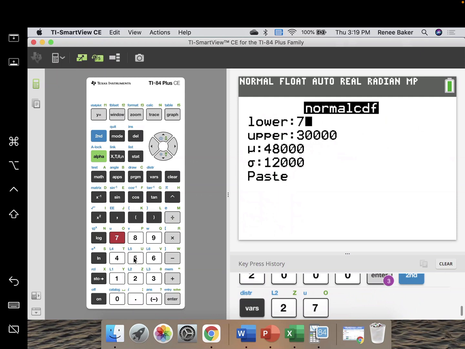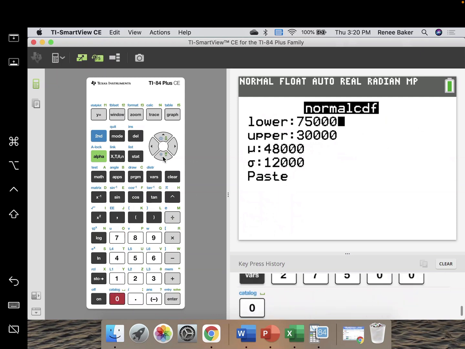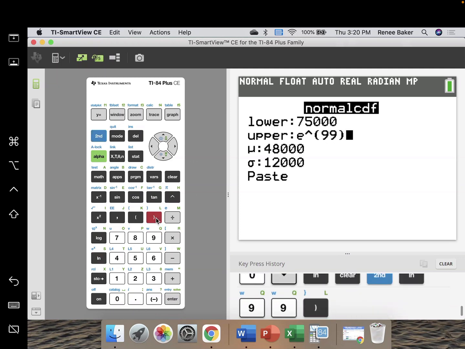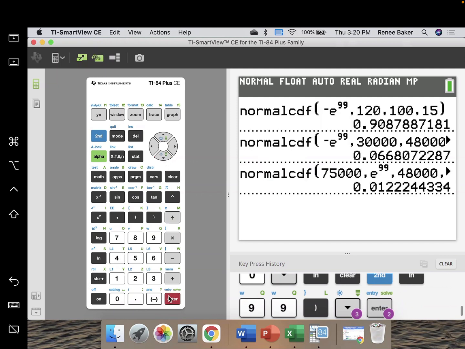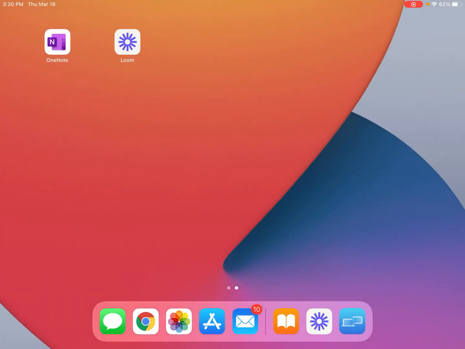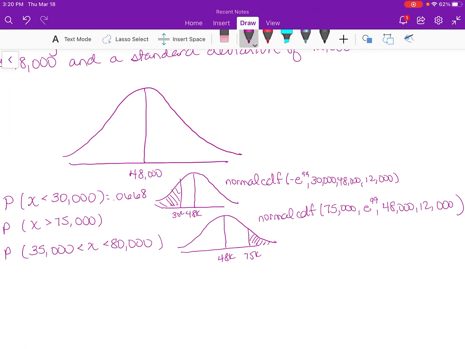This time I'm 75,000. Second natural log, whoop, that didn't work. Second natural log, e to the 99th. Make sure you close your parentheses. And I get 0.0122. So, looking at that, it looks like there's only about a 1% chance with a probability of 0.01 that I would make more than 75,000.